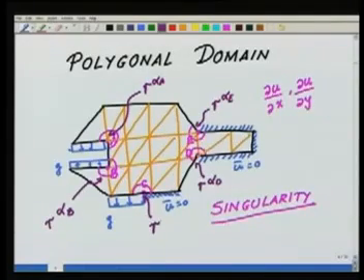Also you will have r to the power of alpha c. So I'll have all these exponents.